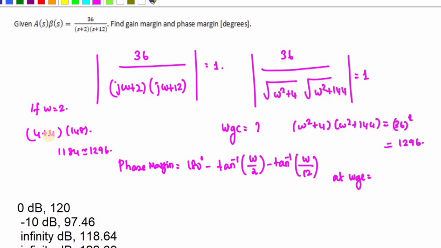If you want, you can take omega equal to 2.15. If you substitute 2.15, we get a value closer to 1296.